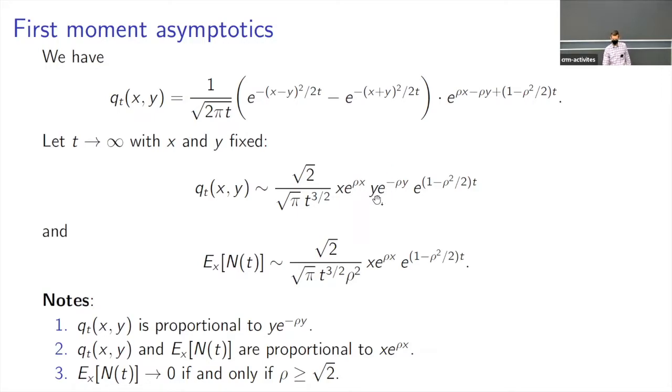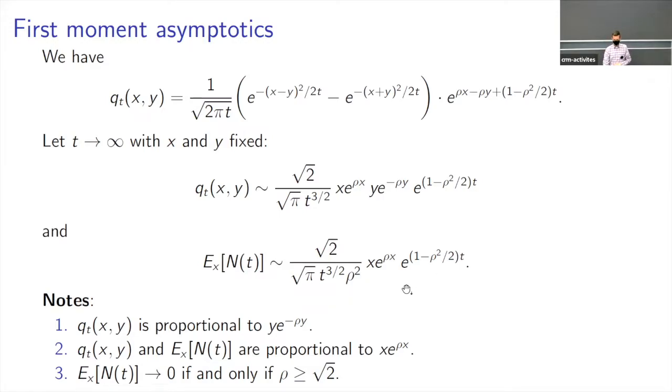Also notice that both of these formulas are proportional to x times e to the rho x. So we can think of x times e to the rho x as telling us something about how many descendants a particle at x is likely to have alive a long time into the future. Also notice that this exponent is going to infinity if rho is less than the square root of 2, and it's going to 0 if rho is greater than the square root of 2.